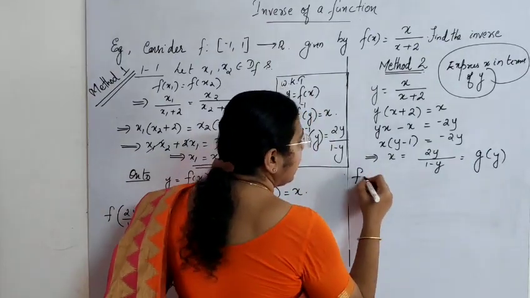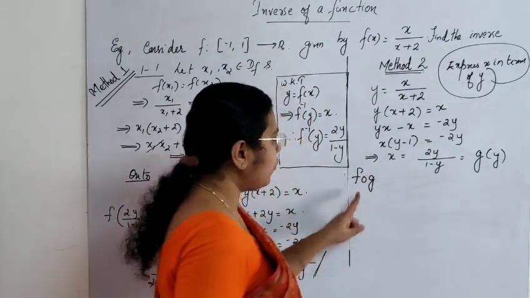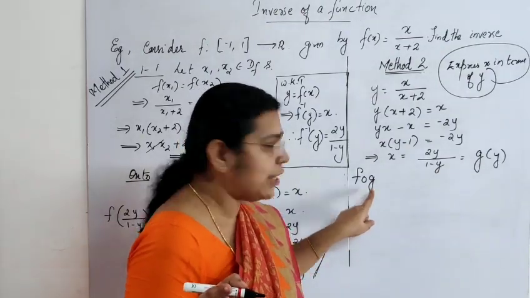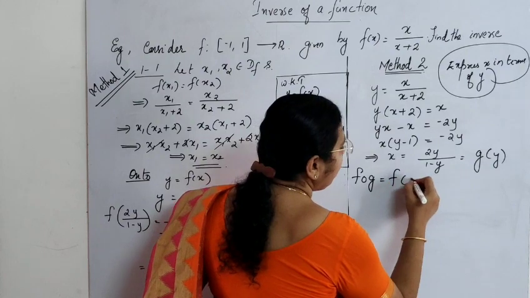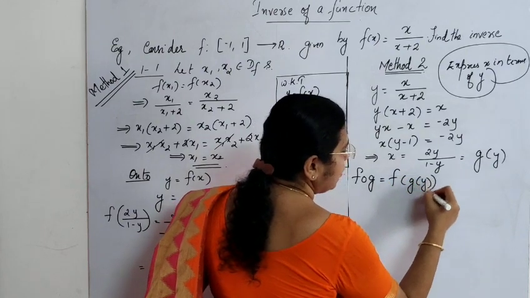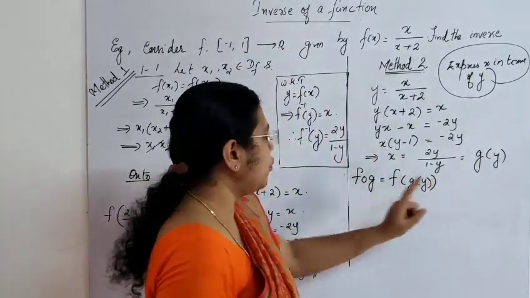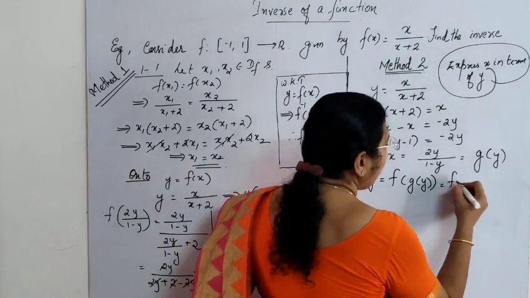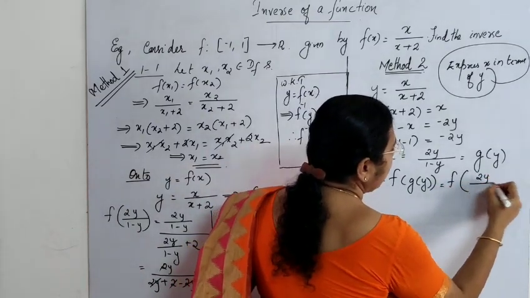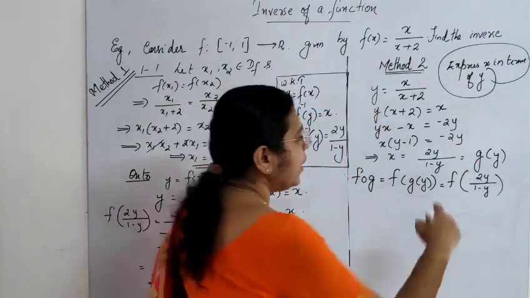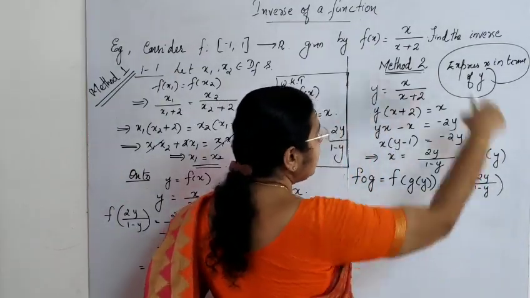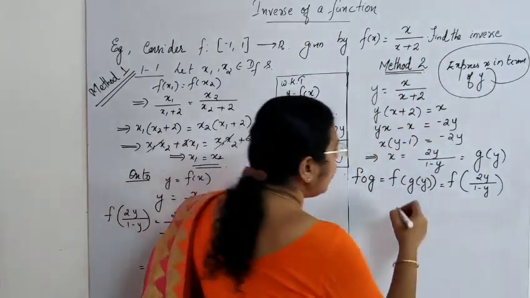Now let me find FOG. FOG means which is the function that is acting first? g, right? f of g, that is f of g of y. g is a function of y. FOG of y is f of 2y by 1 minus y. What is g of y? 2y by 1 minus y. Now substituting this in f of x, what do I get?